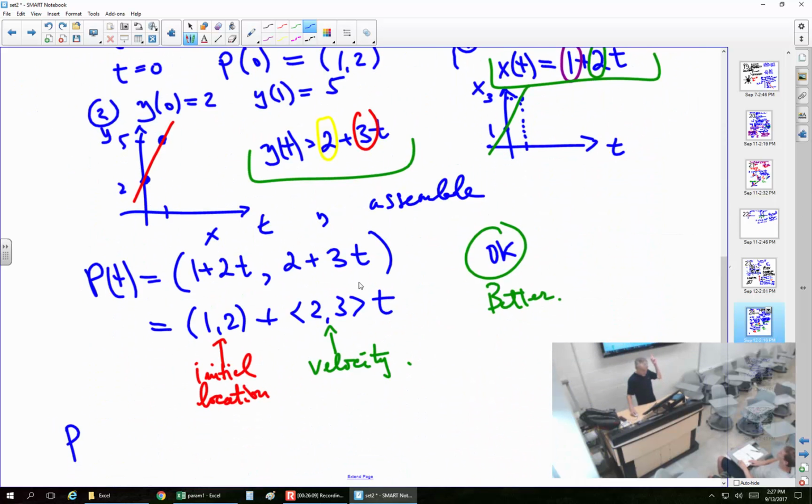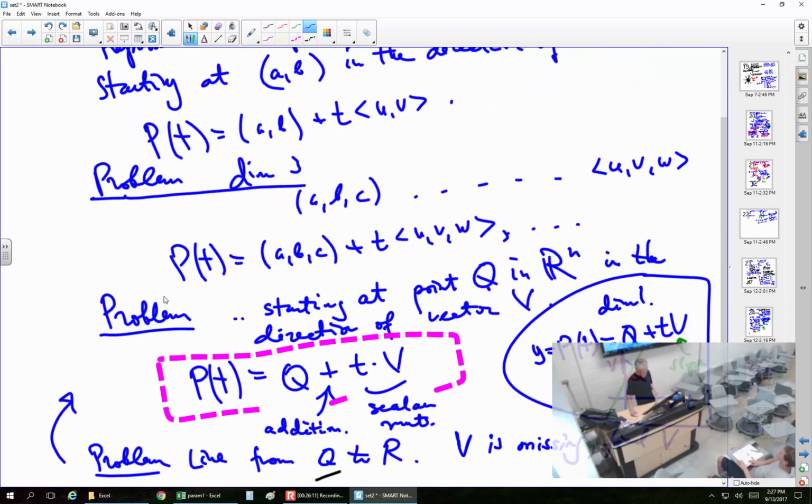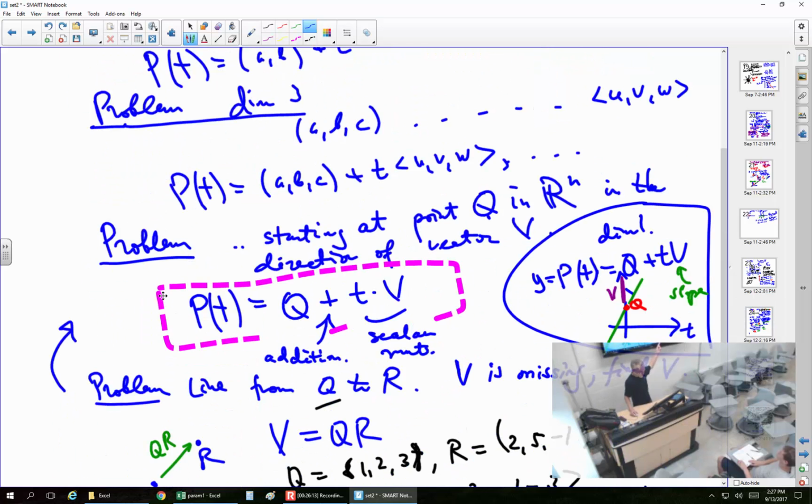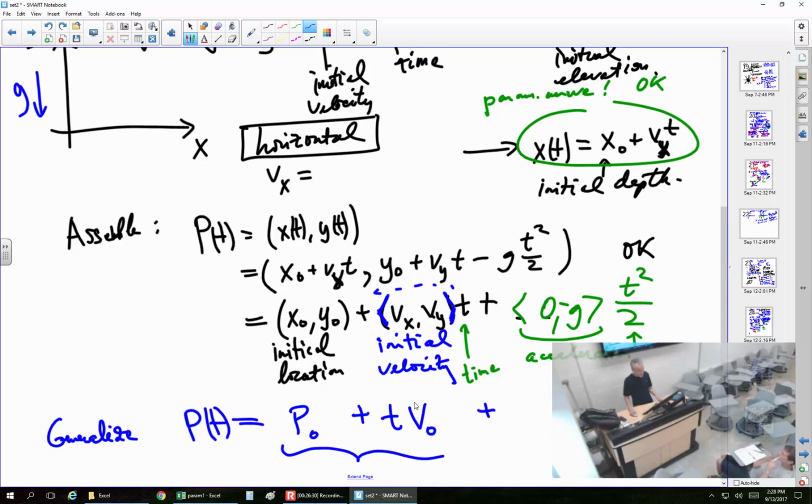Initial location plus the velocity times t. In that case, there was only one velocity, but you can say there was an initial velocity. Now we're looking at the initial velocity multiplied by t, and then there's an extra term.